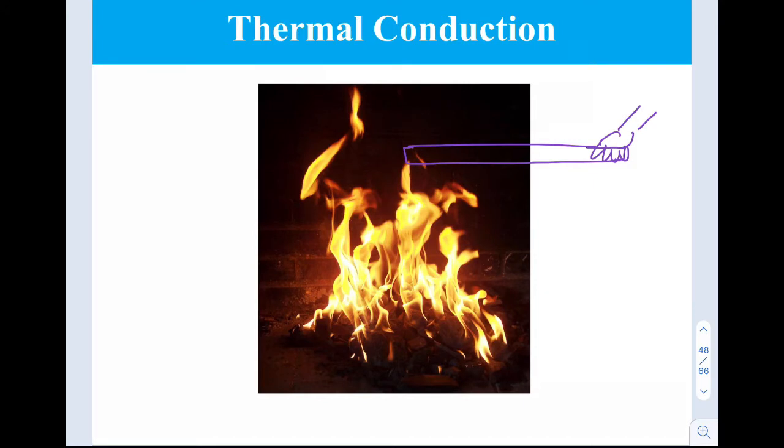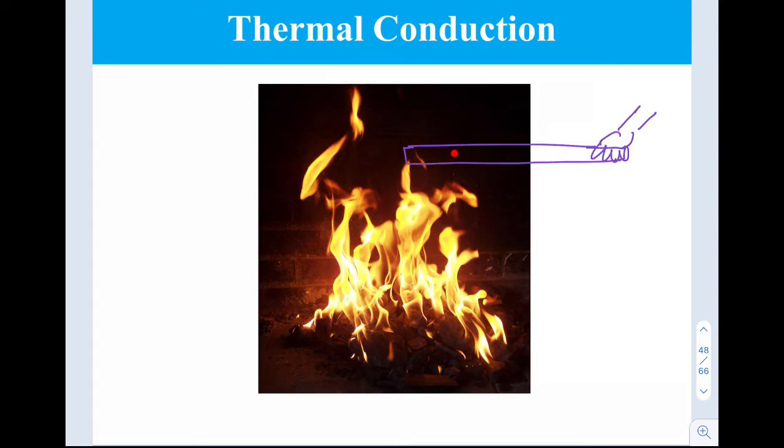Initially, before the rod is inserted into the flame, the microscopic particles in the metal are vibrating about their equilibrium positions. As the flame raises the temperature of the rod at this section, the particles near the flame begin to vibrate with greater and greater amplitude because of the extra heat transferred into the atoms.